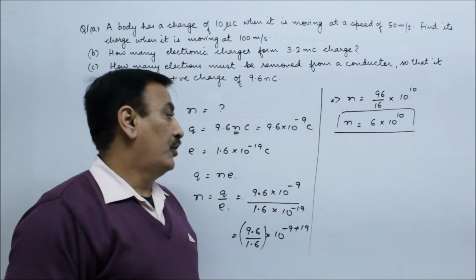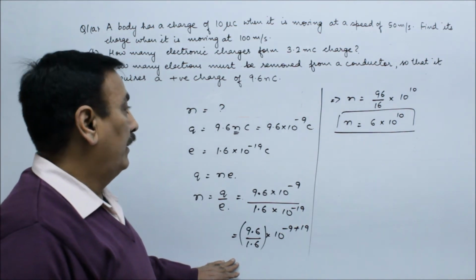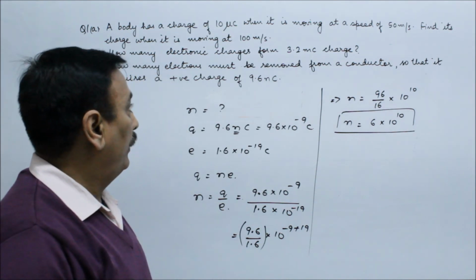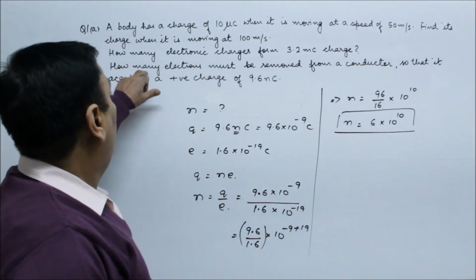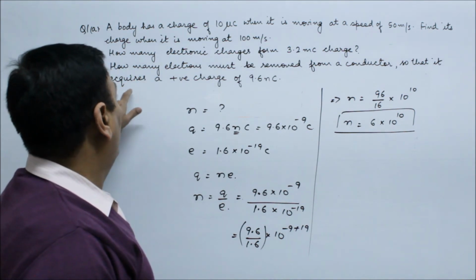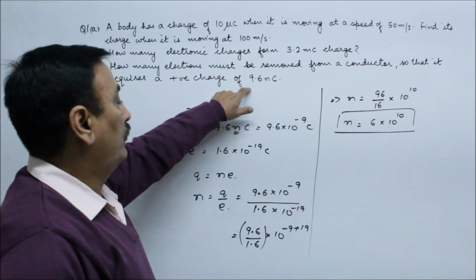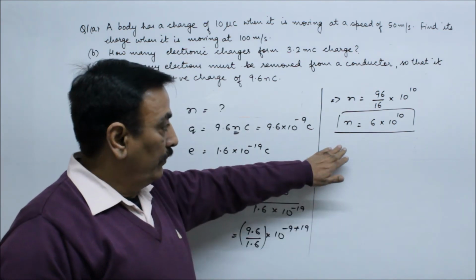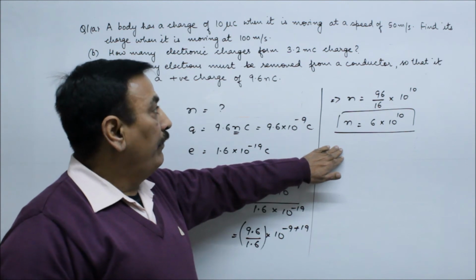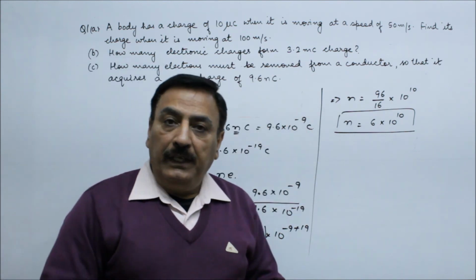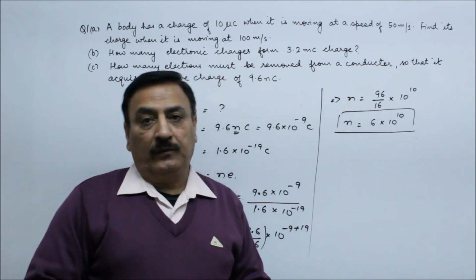Is that okay? So this way we solve the basic questions, and now you see one more point over here. They are saying how many electrons must be removed from a conductor so that it acquires a positive charge of 9.6 nanocoulomb. Now one point you should remember: when we have developed a positive charge on the body, that means we need to remove electrons from the body.